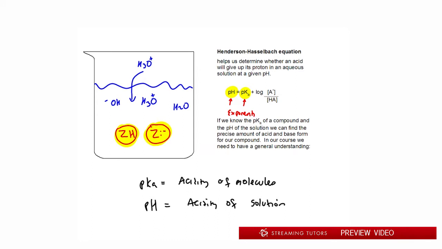These are all exponents. And so the log is also going to give us an exponent as well. So this is all equaling an exponential value. So it's the pKa plus the log of our ratio, our base to acid ratio. That's what we're looking at here.